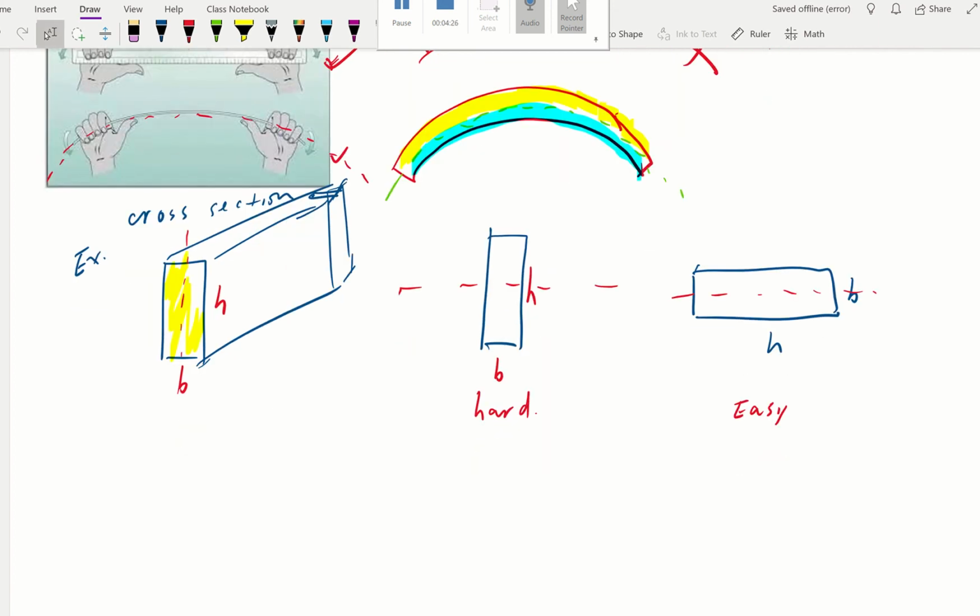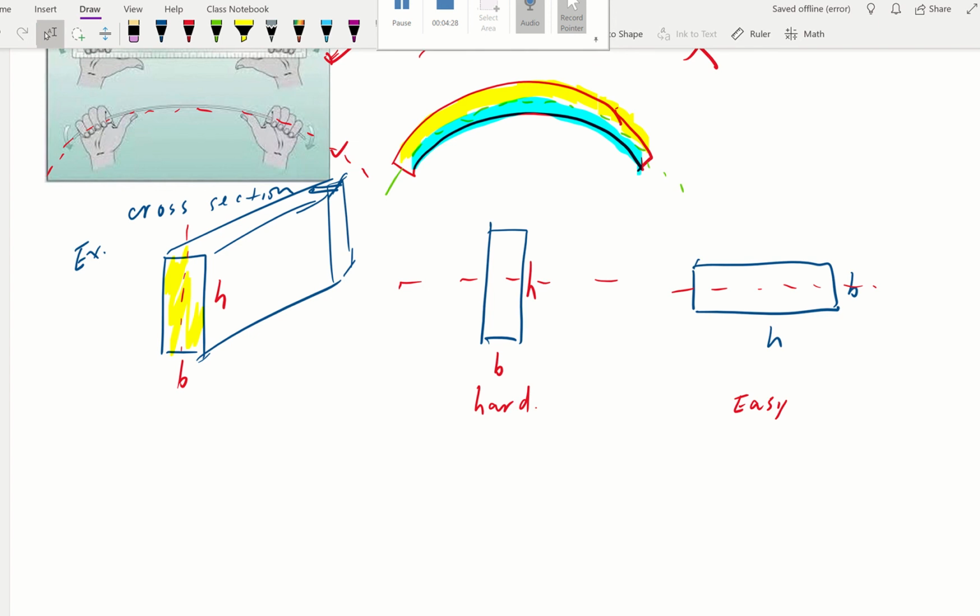Why is that? Here come some formulas for different shapes.